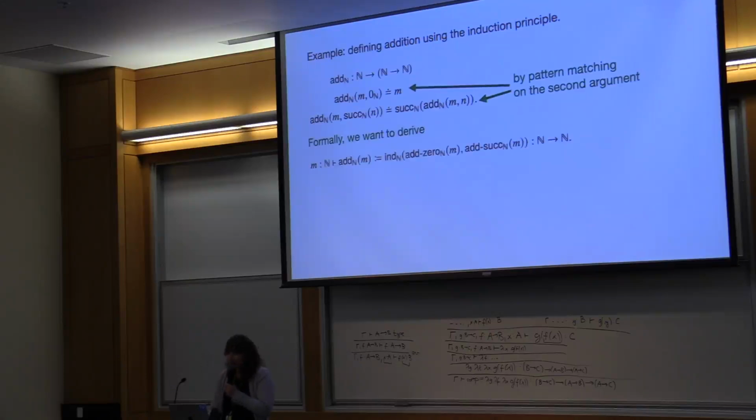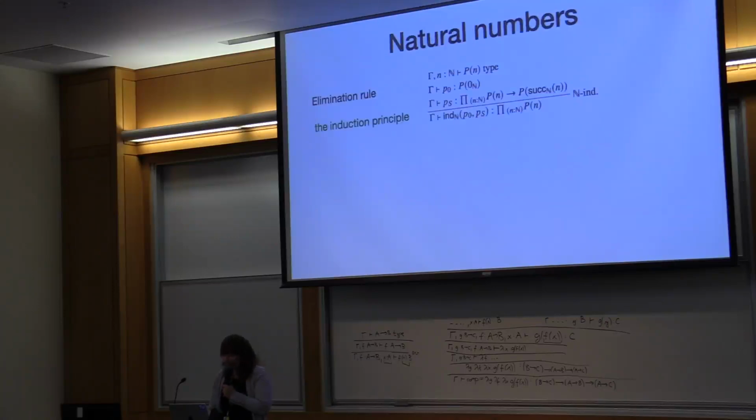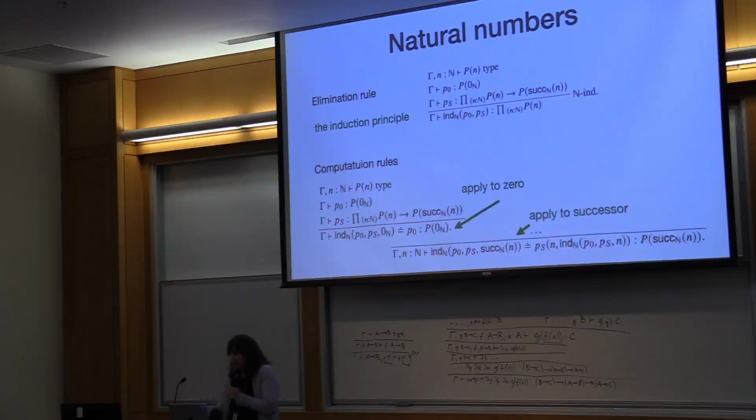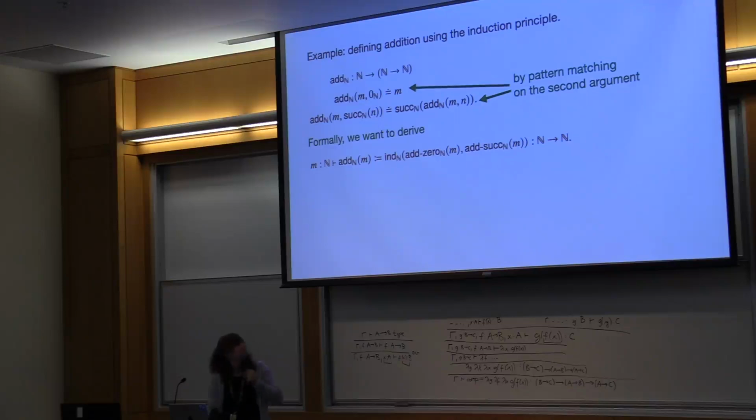So I know now that my P of n is just the type of natural numbers, and then add 0 will be of type P of 0, which is again the natural numbers because there is no dependency. And this one is also just the natural numbers, and this one too. So actually, the type of add suc is from natural numbers to natural numbers to natural numbers. So I obfuscated some of the dependency because it's a simple enough example.